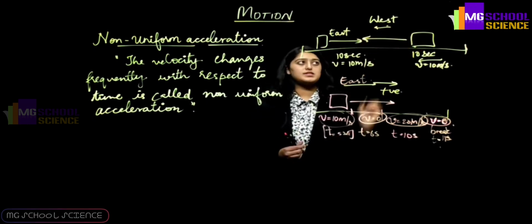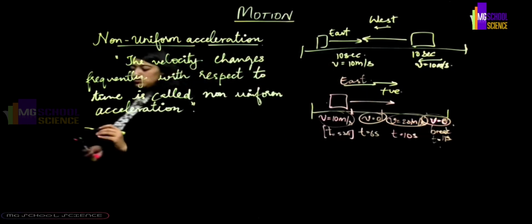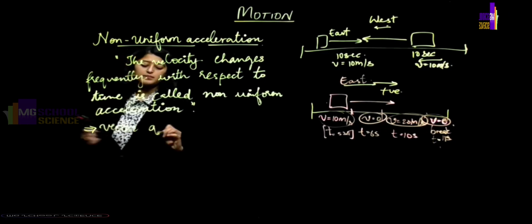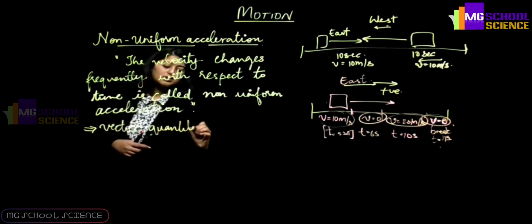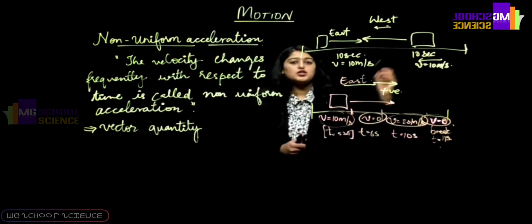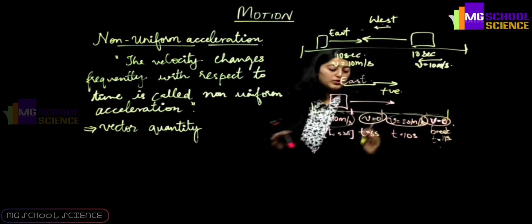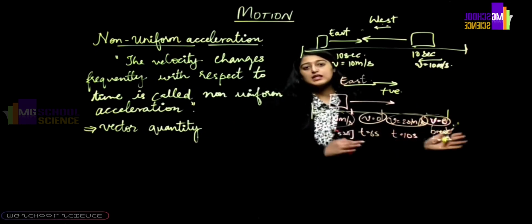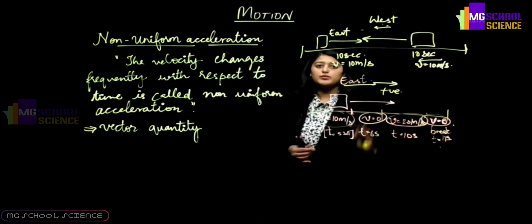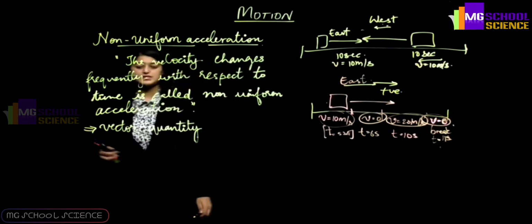Since there is a change in direction, and we know that acceleration is a vector quantity, and there is a change in speed that is not increasing steadily nor decreasing steadily, such a kind of motion is called non-uniform acceleration.